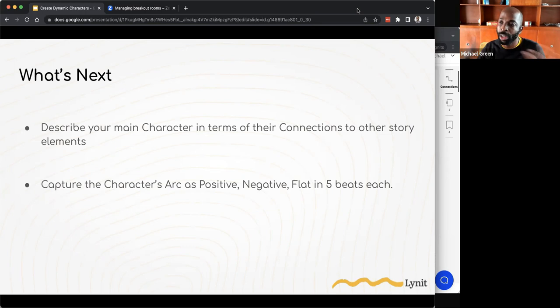What is the theme? Is there a larger idea that you're trying to capture with this character's development type and how it relates?